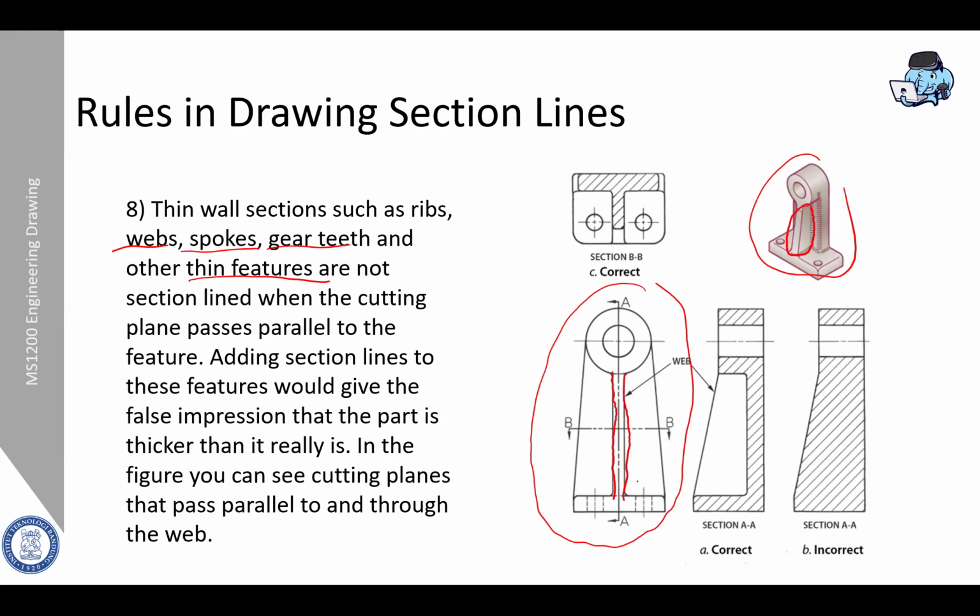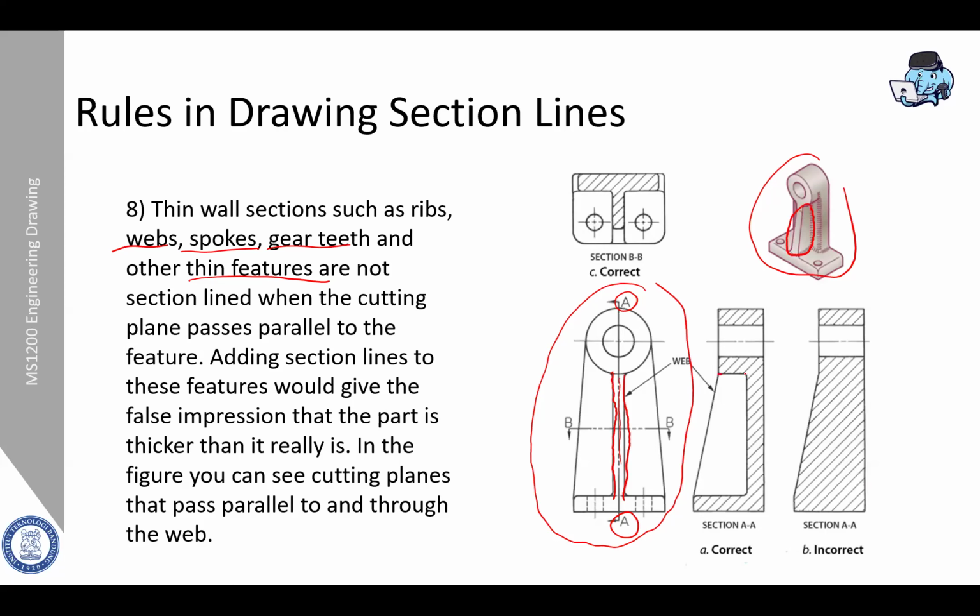Oke. Nah, ceritanya kita ingin membuat section plane AA. As you can see, the section line is crossing and dividing the web. Yeah, it slices the web. Okay, but as mentioned here, we do not draw section lines on thin wall sections like web.